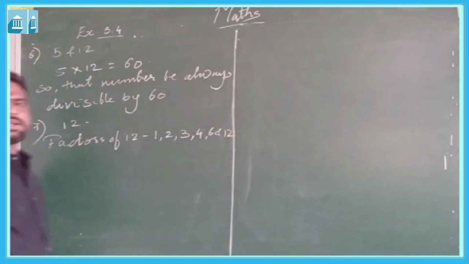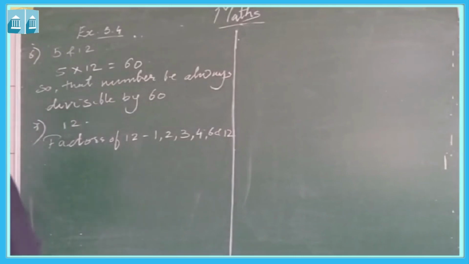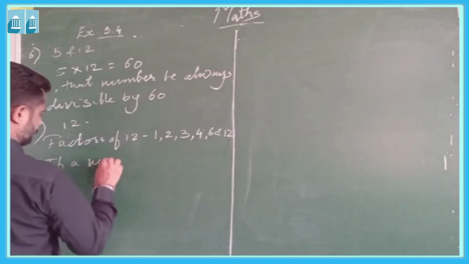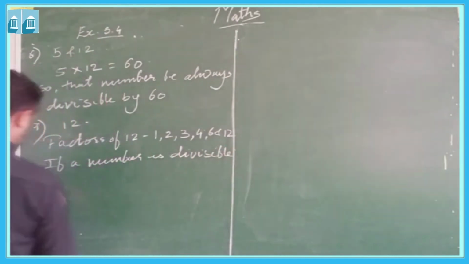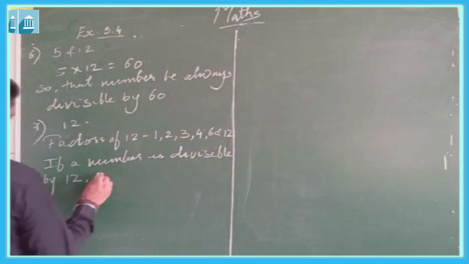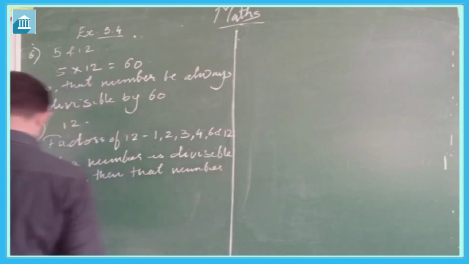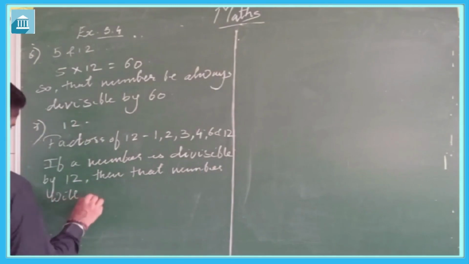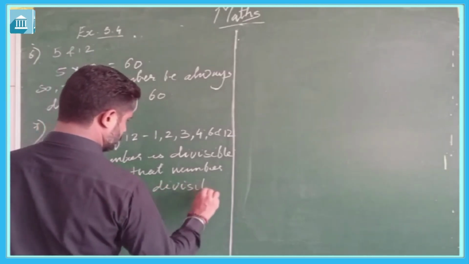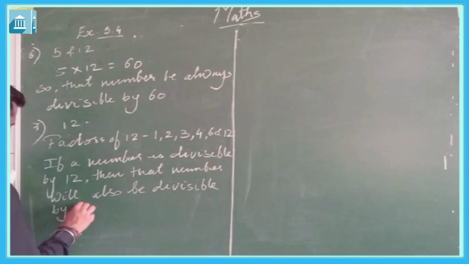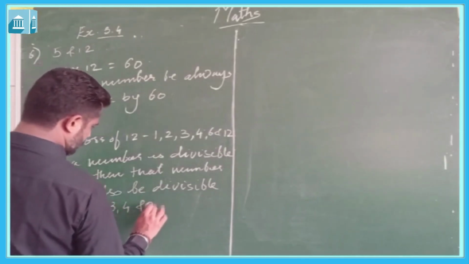So if a number is divisible by 12, then that number will also be divisible by 1, 2, 3, 4 and 6.